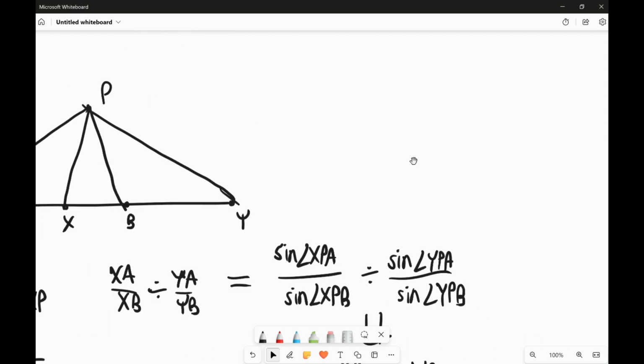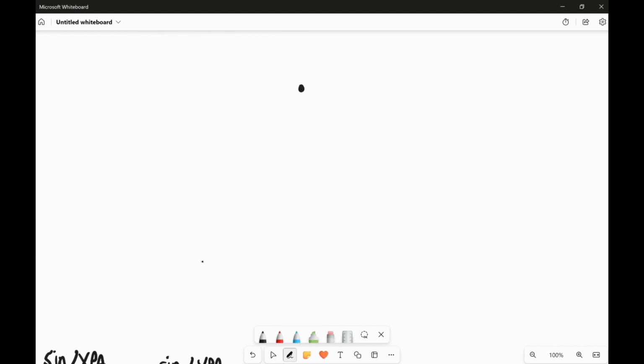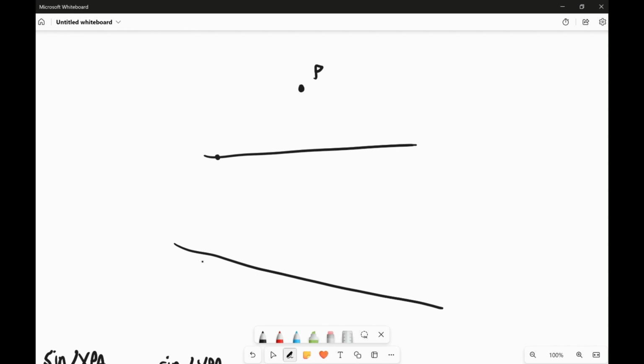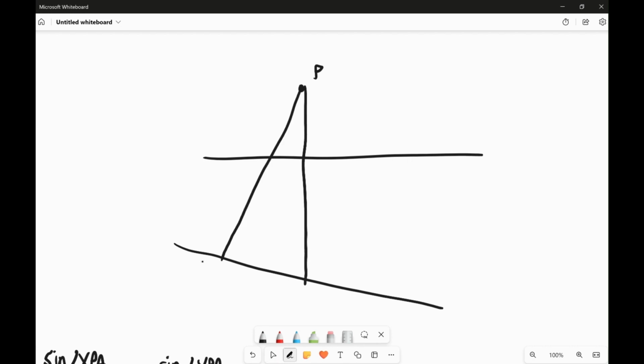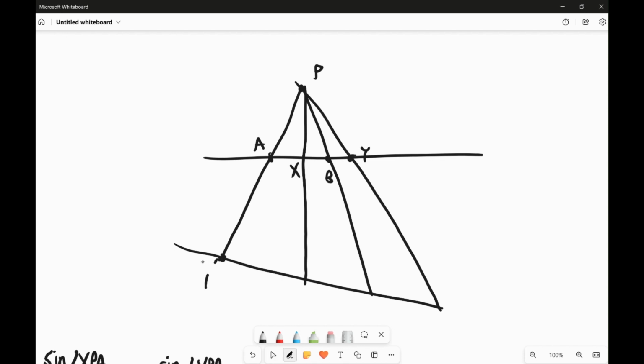What does this mean? The significance of this is that we actually have cross ratios of lines now. So if we have a point P here, and then some lines here, with A. That's not a good location for the point A. Then you have these lines here, and then you have A, B, X, and Y, and then you have these points A prime, X prime, B prime, and Y prime.